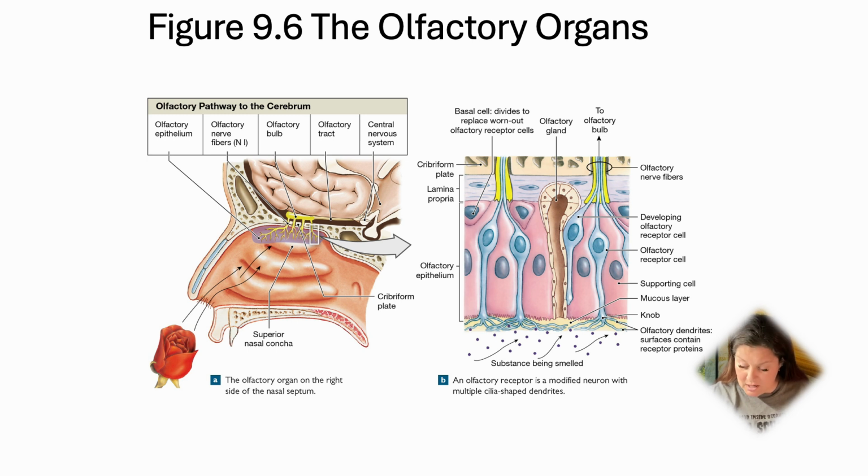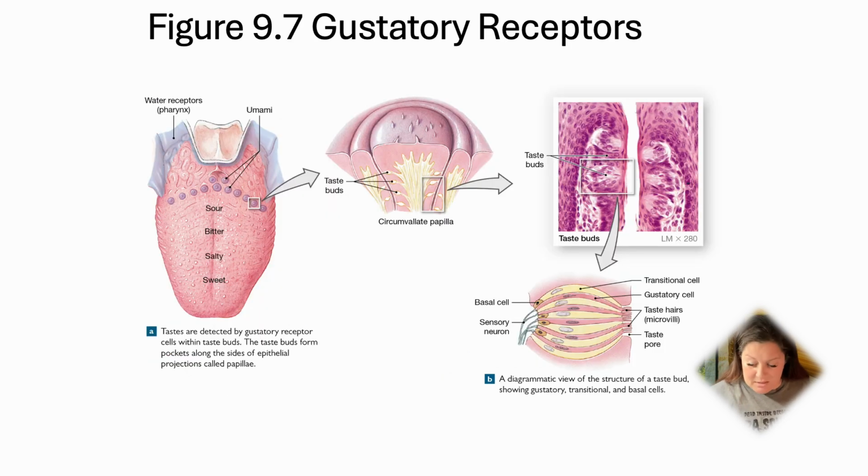Next, we're going to discuss gustation, or the sense of taste. Here we are going to have a variety of different taste receptors. Gustatory receptors is another, more formal term.